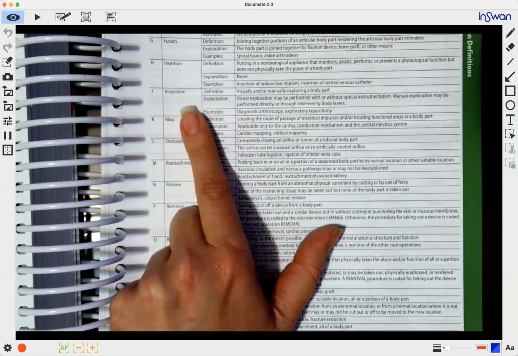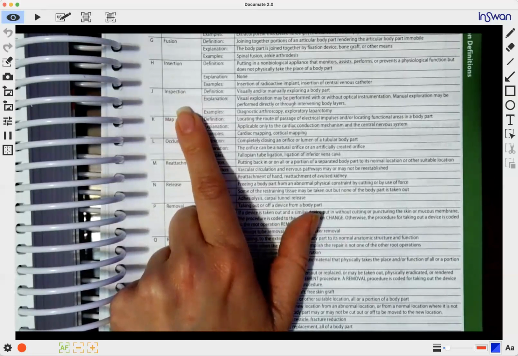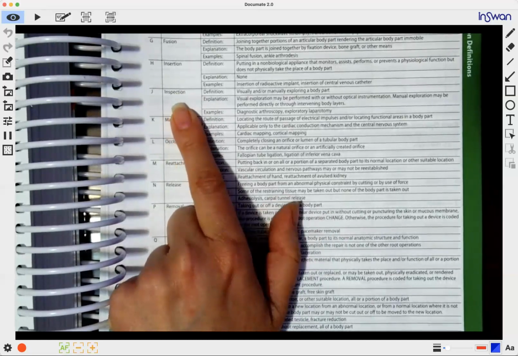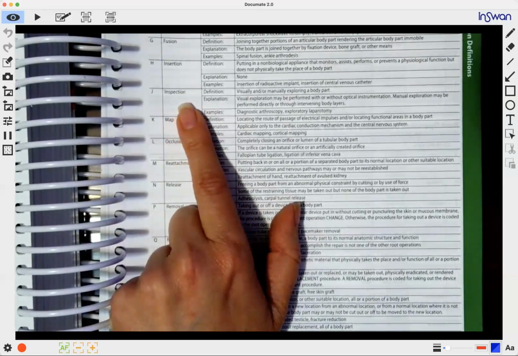So when you're looking up something that is an oscopy, they might say endoscopic, laparoscopic, so anything that uses a scope, yes, they're inspecting, but we have to ask ourselves, what is the objective of the procedure? Because it might simply be our operative approach that is reflected with that scope.